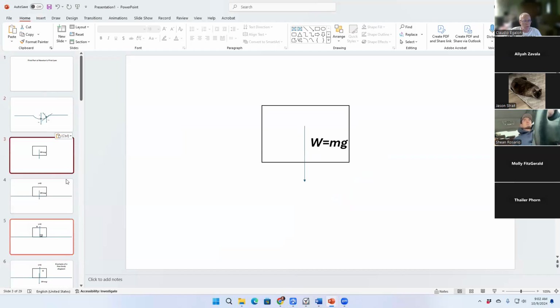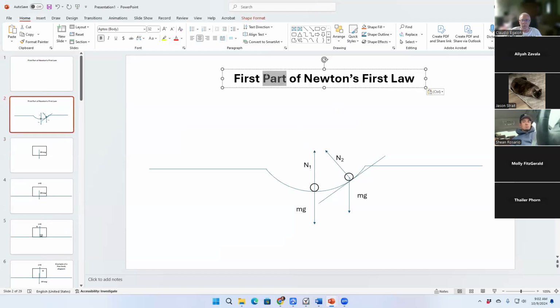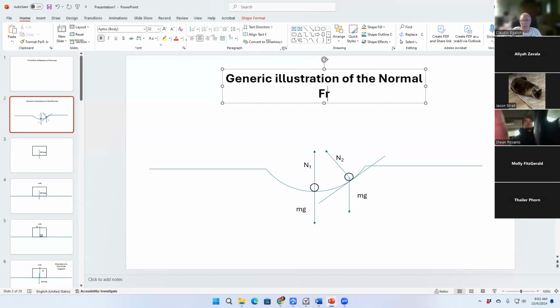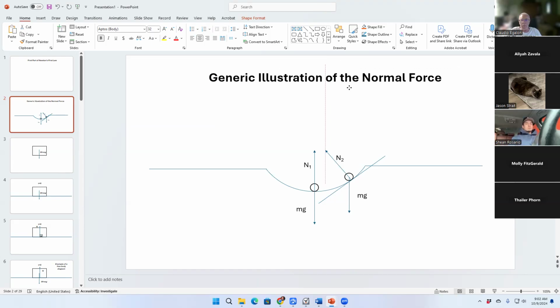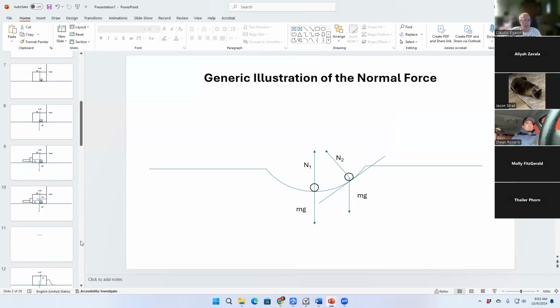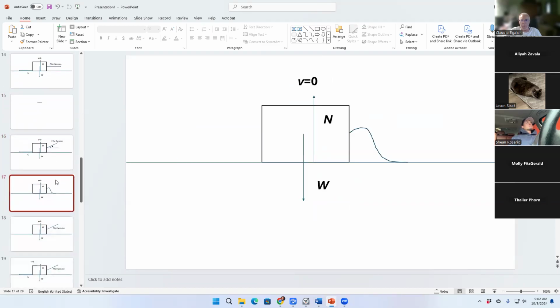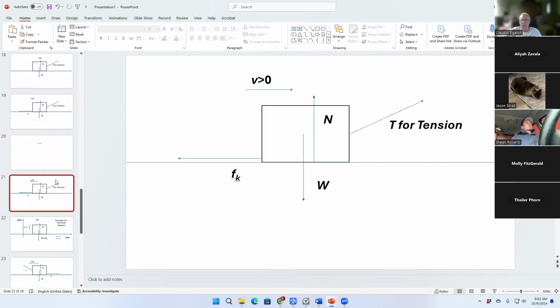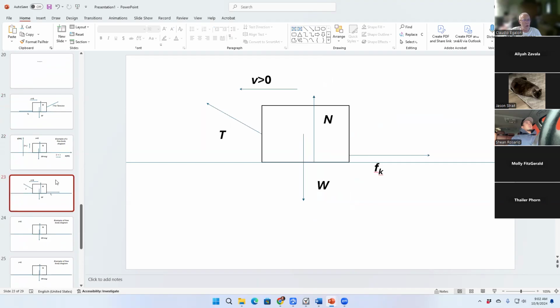Generic illustration of the normal force. And here you go, generic illustration of the tension. We did an example like that. Velocity is still 0, but what about now?